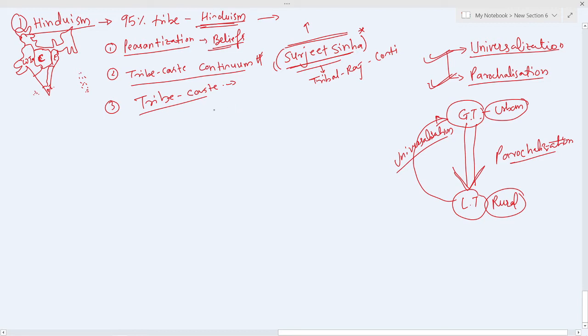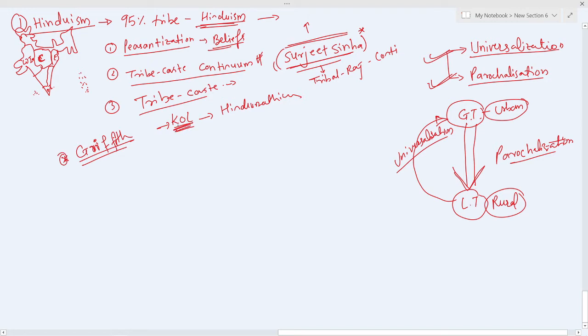For example, the Kol tribe accepted Hinduization. This was the study of Griffith. So basically, Griffith studied the Kol tribe and the process of Hinduization.